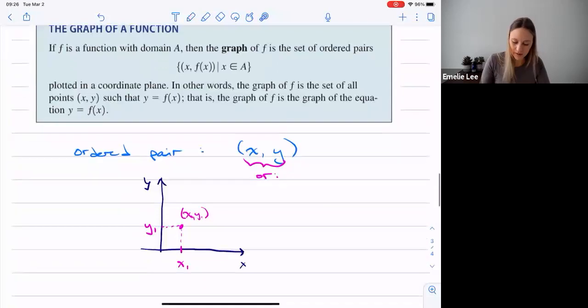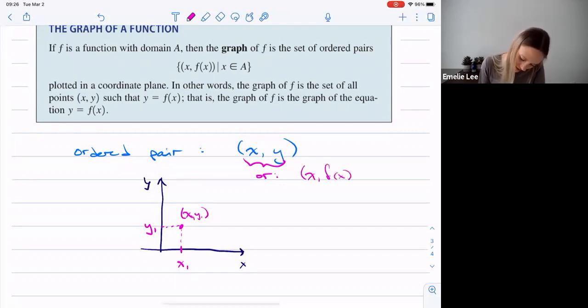Remember f of x is just y, x or f of x and y are interchangeable, right? So this is the same as x and f of x, right? So here, this is your input and f of x is your output.